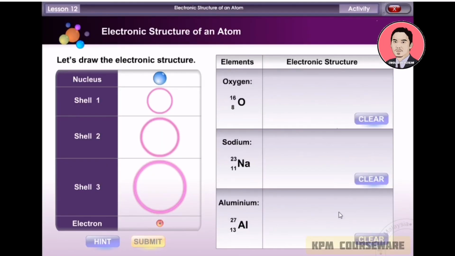Activity. Let's get on the drawing board and start drawing some electronic structures. Create a complete electronic structure. Drag the nucleus, shells and electrons and drop them into the column provided.